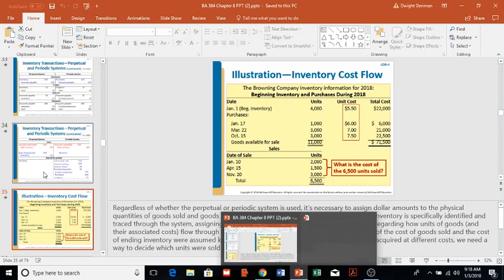The prices we pay to purchase items of inventory during the year generally tend to go up, although they can go down. And there could be some fluctuations of up and down during the year. But for the most part, over time, costs to purchase inventory are going to go up. So that's why we have these other methods.